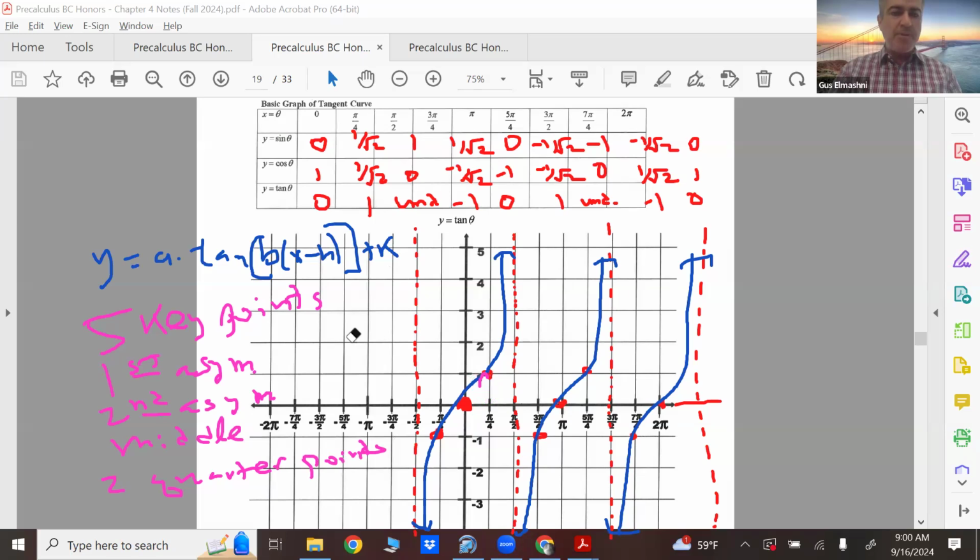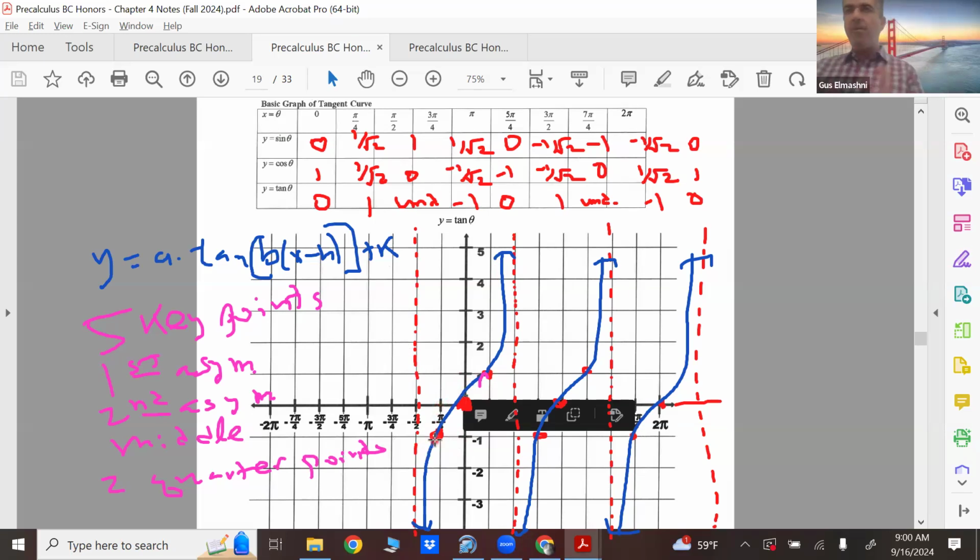So your 5 key points: you have the two vertical asymptotes, you have this one, you have this one, you have the middle right here. And then you have quarter points, which are halfway between the first vertical asymptote and the middle, and another quarter point, which is halfway between the middle and the second vertical asymptote. So you're always going to have those kind of points.